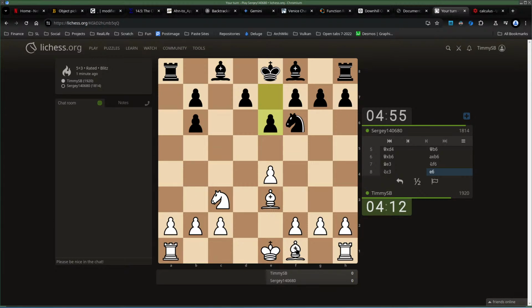Maybe just develop my bishop though. Yeah. So defend this one. And then defend the knight. And the bishop would also go back here actually. Oh, that's a stupid move. Oh, I can't take it because he takes here. Okay.